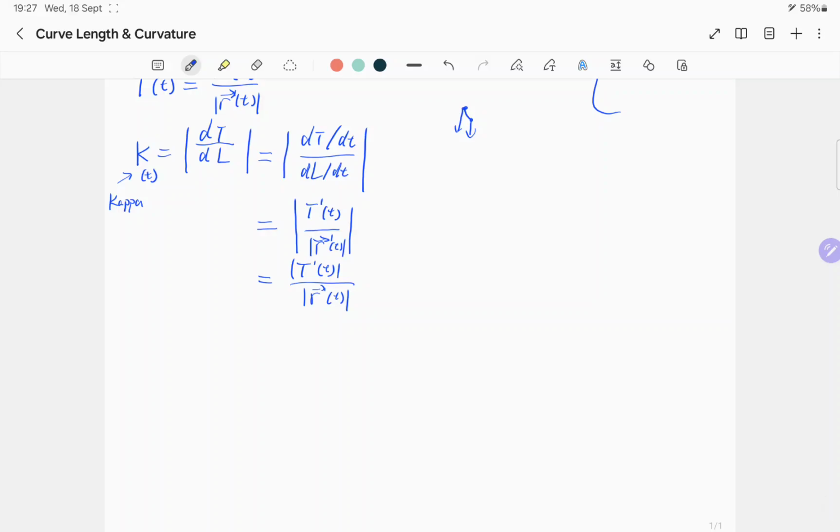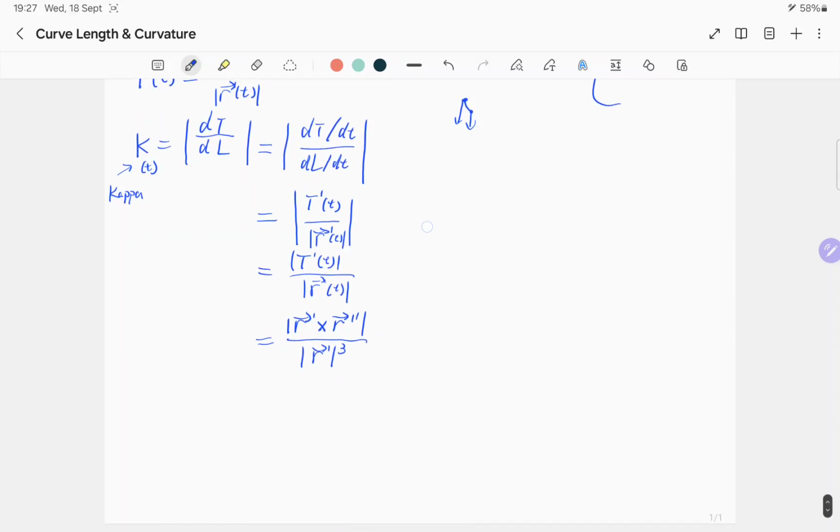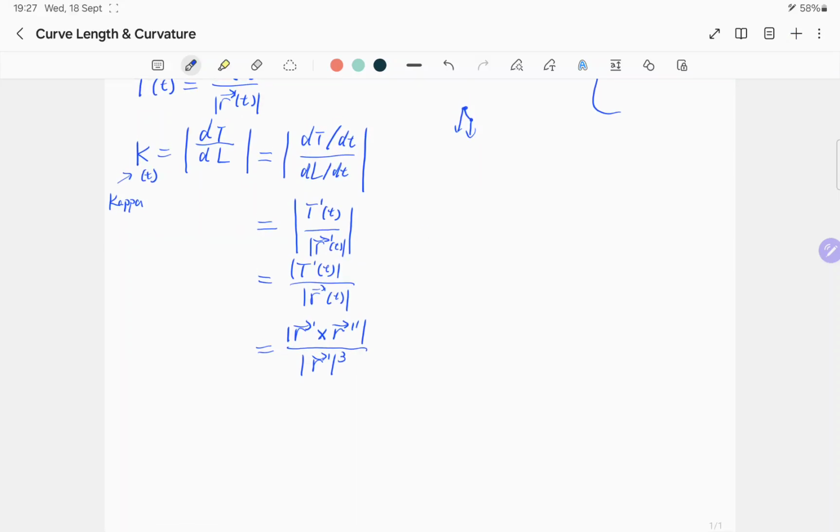Actually, we can derive it further. It is actually equal to the magnitude of r prime cross r double prime, divided by the magnitude of r prime to the power of 3. And I would like to call it the 1, 2, 3 rule: the first prime cross the second prime, divided by the first prime to the power of 3. 1, 2, 3.